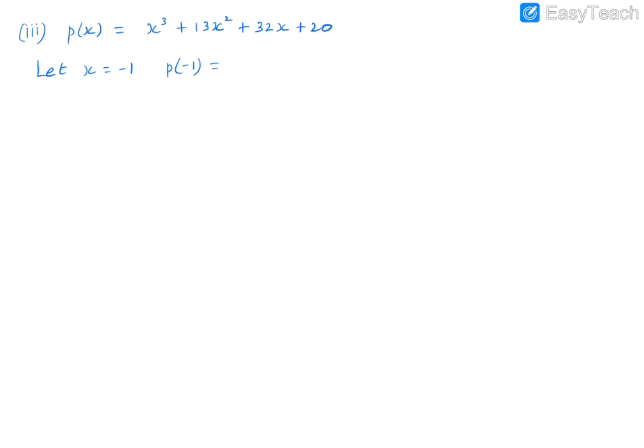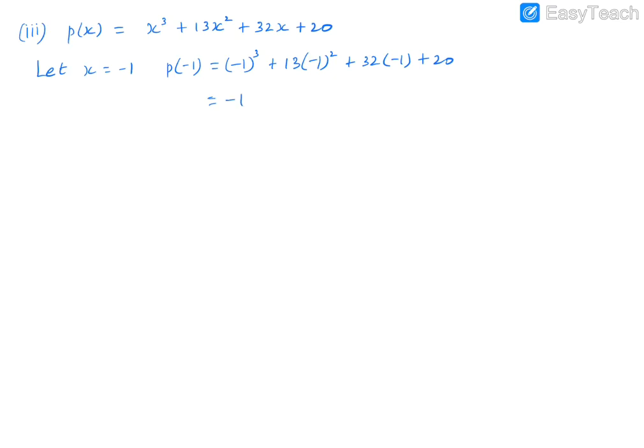So we'll get p of minus 1, which is minus 1 cube plus 13 into minus 1 square plus 32 into minus 1 plus 20. Let's see what we get.